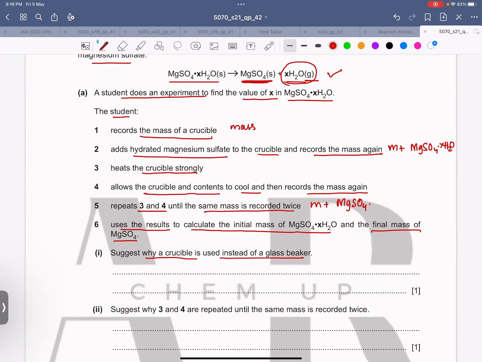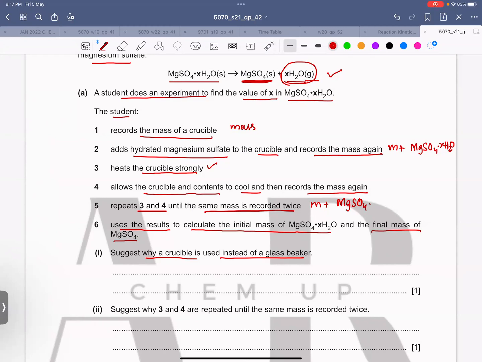Yes, you have to identify why we have used crucible instead of glass beaker. Sir, because in crucible we can heat. So we use crucible to heat. Yes, and we have to do strong heating, right? For gentle heating, we can use a glass beaker or a test tube.